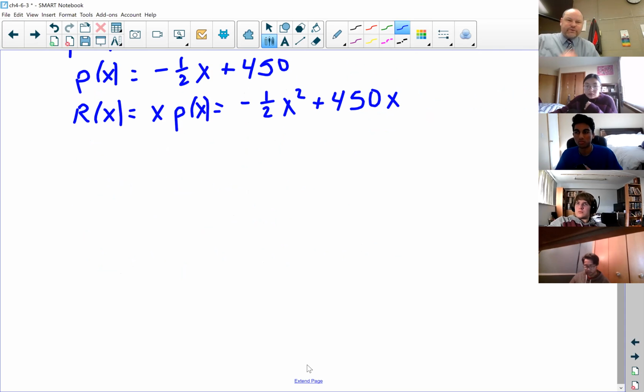And then in this case, we were asked to maximize our revenue. So we don't have a special formula to maximize revenue. We just have to take the derivative and set it equal to 0.